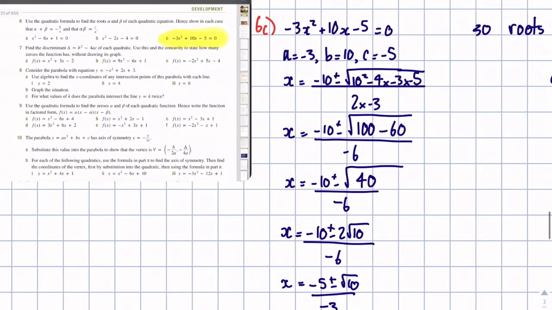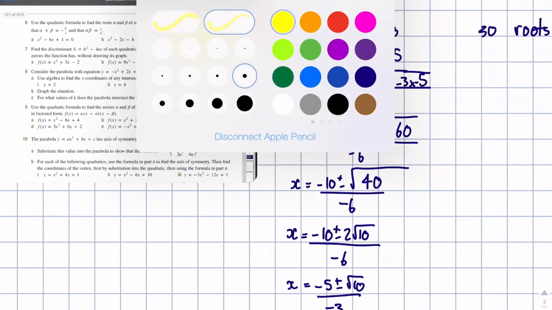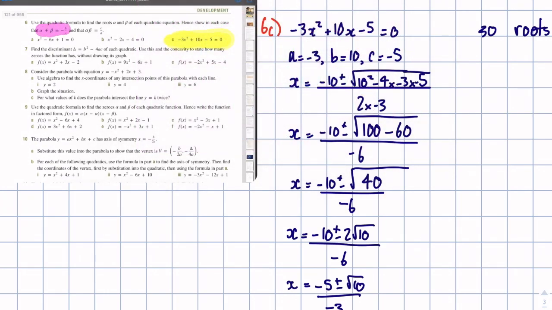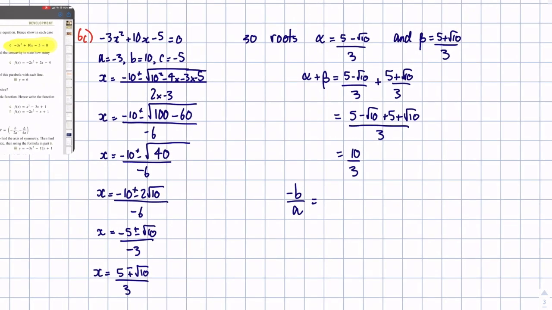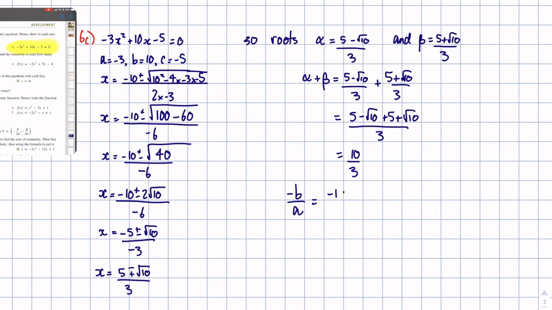They want me to show that that equals minus b on a. Minus b on a, well, b was 10, so we've got negative 10. A was negative 3. The negatives cancel out, 10 on 3. So we've shown it. Alpha plus beta equals minus b on a.